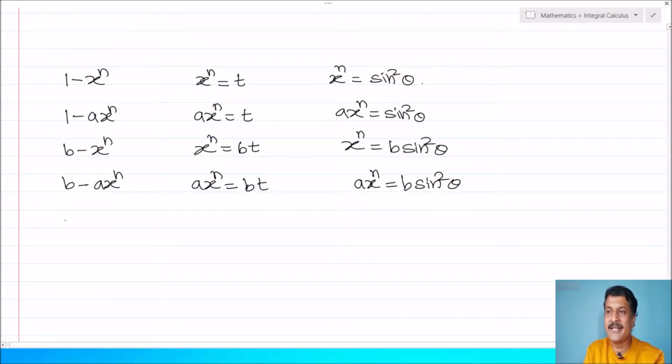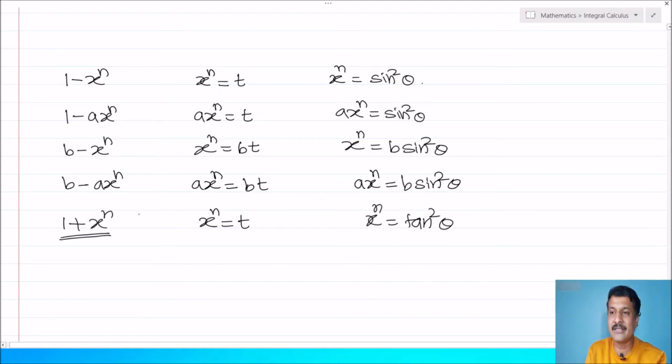Also, if instead of minus a plus sign is there, so 1 plus x raised to n, here I am getting x raised to n equal to t, and here x raised to n equal to tan square theta. Note the change here: 1 plus tan square theta will be sec square theta, and I can convert sec square theta as cos square. If 1 plus a x raised to n, then a x raised to n equal to t, or a x raised to n equal to tan square theta.